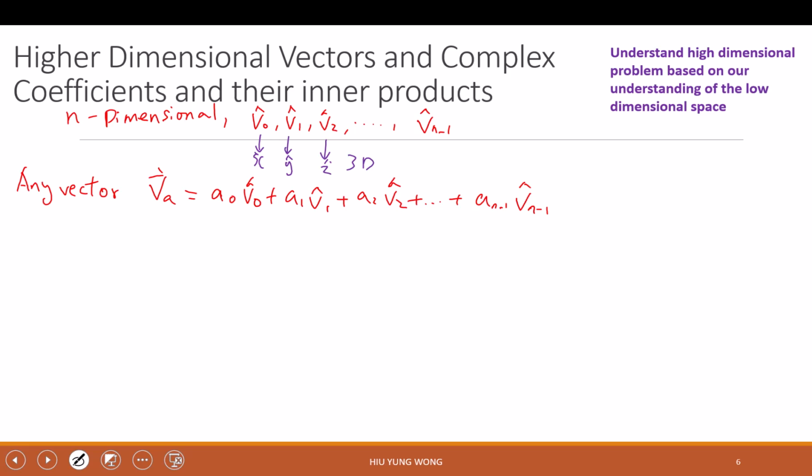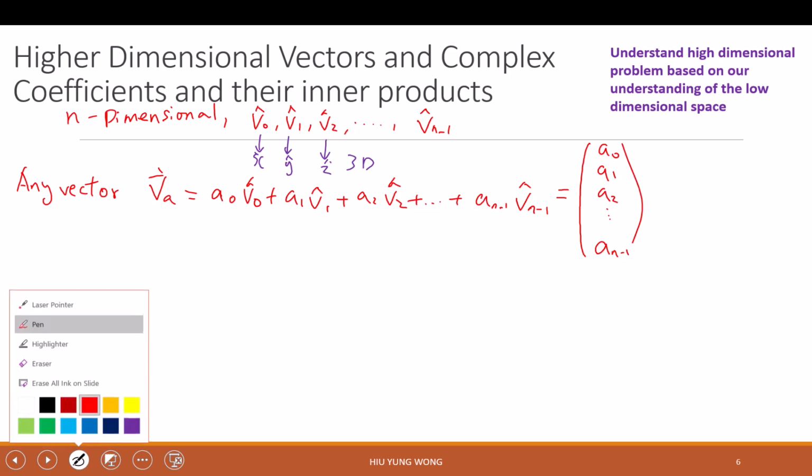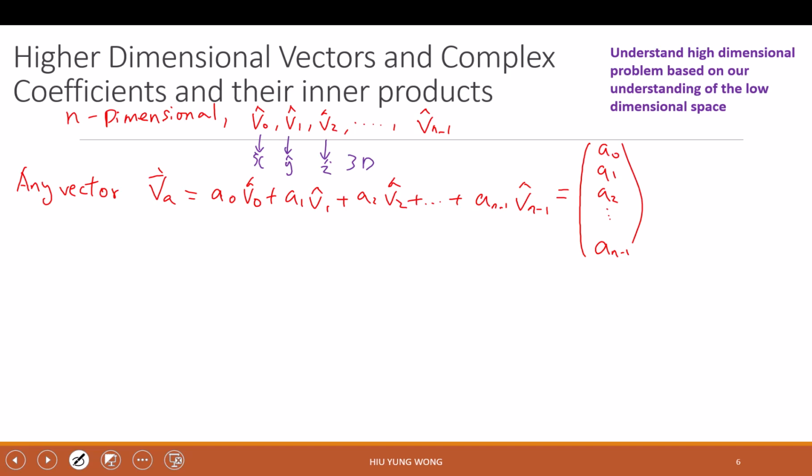Make sense? Can I write this in column form? What would it look like? A0, A1, all the way to A(N-1). Again, when I write this, I did not say the basis, but we need to agree with each other when you're doing the problem.